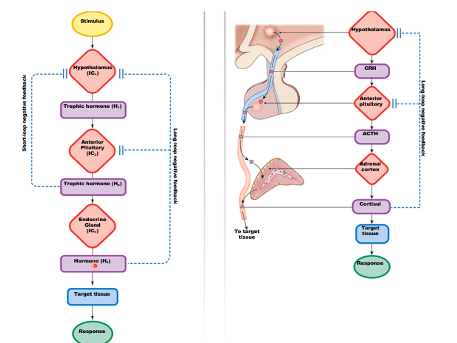And so you stop that hormone production, stopping the response. Another feedback loop is pretty short because it's not traveling as much distance. So the hormone produced by the anterior pituitary itself can act as a feedback signal so that it can stop and decrease the hormone secretion by the hypothalamus.